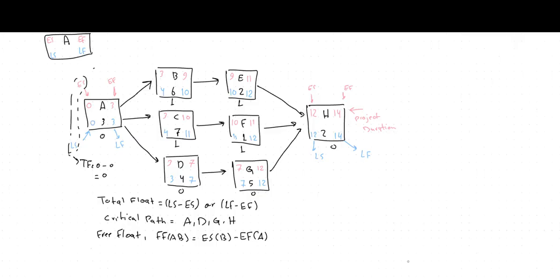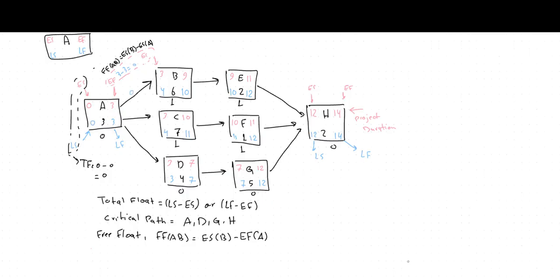We have early finish for activity A as 3, and early start for activity B as 3. When we apply the free float for AB, it equals early start for B minus early finish for A, and by doing this, we find 3 minus 3 equals 0. So the free float for AB is equal to 0.